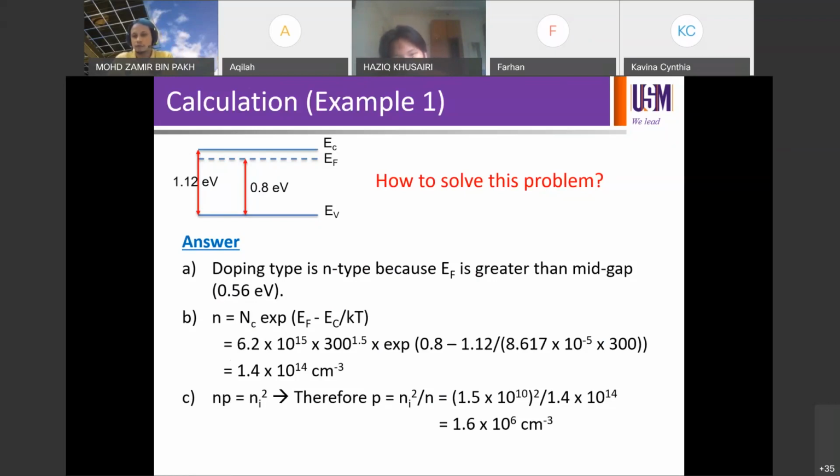So 0.7 times 10 to the 6. Okay, 0.7 times 10 to the 6, or 7 times 10 to the 5, is it? Okay, so as long as you can show the answer by using the correct calculation, it is okay. Faris, what is that? Haven't had lunch yet, Faris? I haven't had lunch yet.